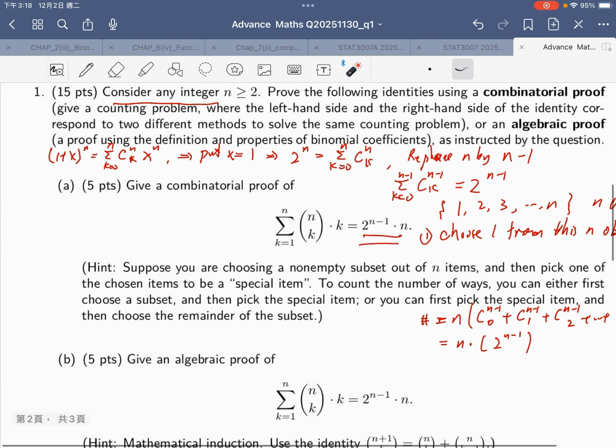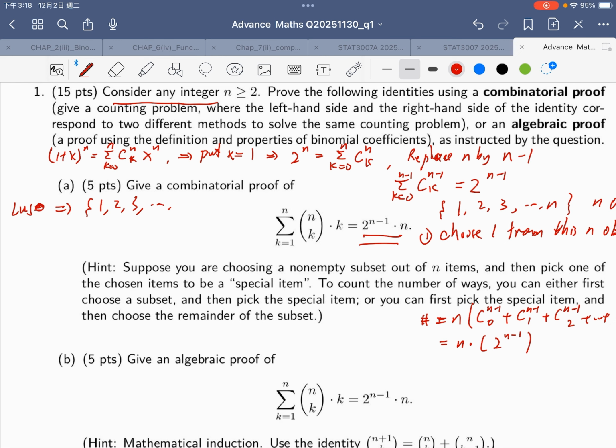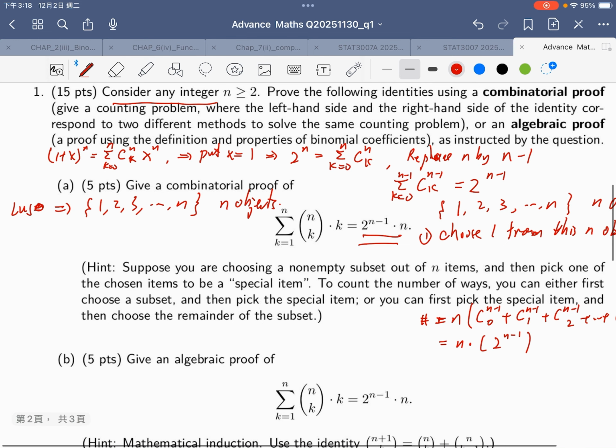And for the left hand side, I also take n objects, 1, 2, 3, up to n. In this case, the method is like that. I choose 0 objects, and divide the objects into two parts, one part with 0 objects and the other with n objects.